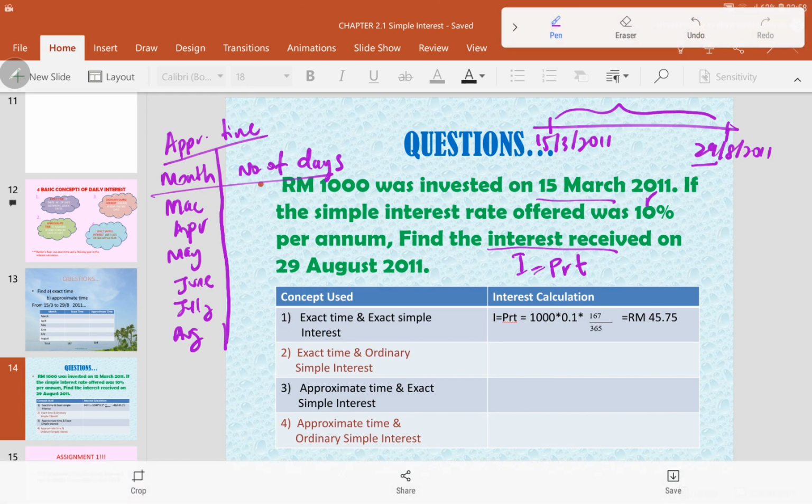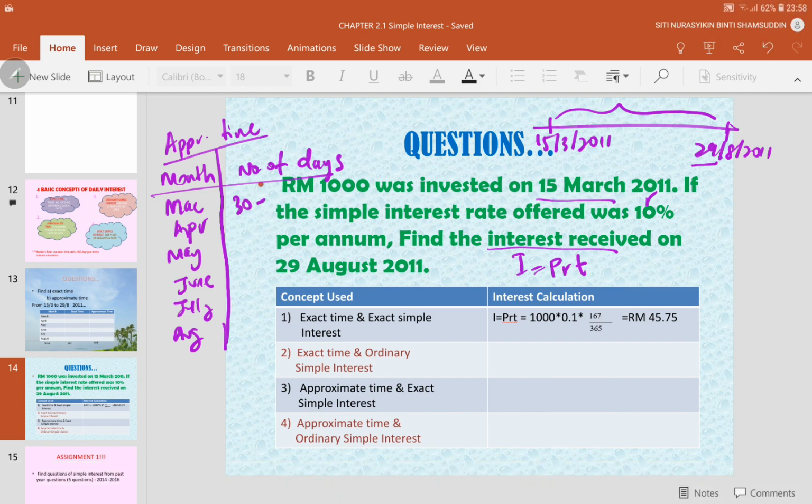Okay, March sama juga. Okay, now tak sama March, since kita guna approximate time, every month ada 30 hari sahaja, 30 days. So 30 minus with 15, so we have 15 days. April 30 days, May 30 days, June 30 days, July 30 days, and August 29 days. So altogether we have 164 days.